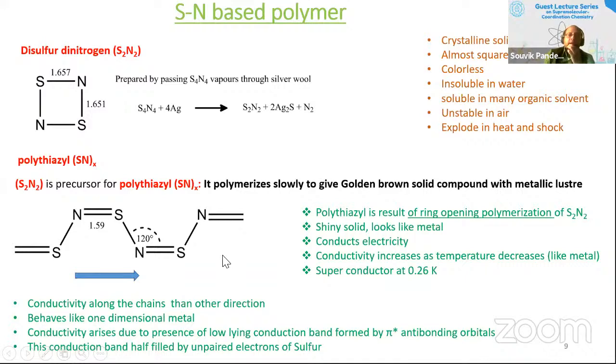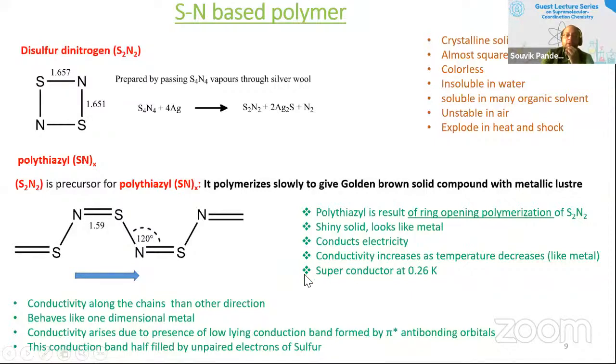It also behaves like a metal, because as we know, if we decrease the temperature, the conductivity increases, and you can see superconductivity at very low temperature, of course below 1 Kelvin, but it has this capability.